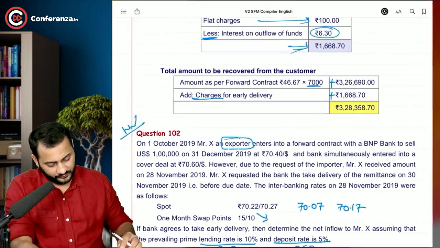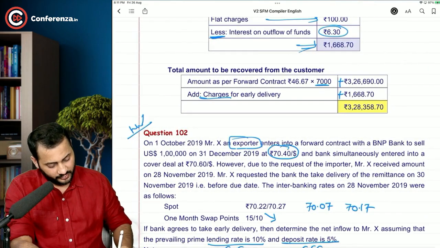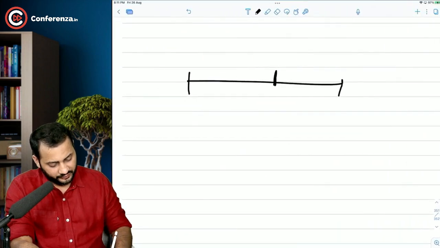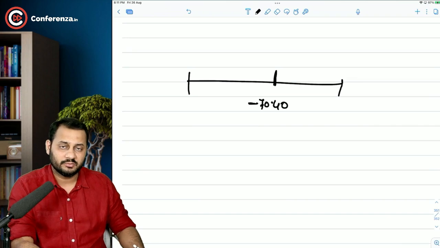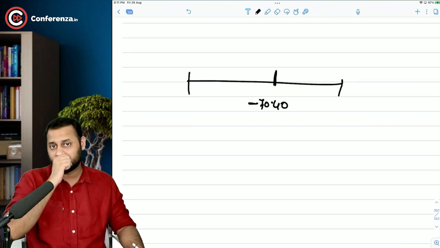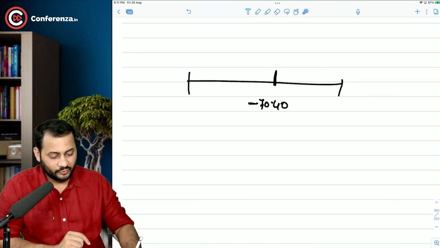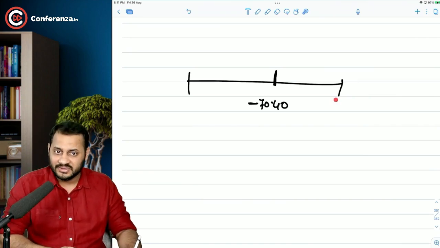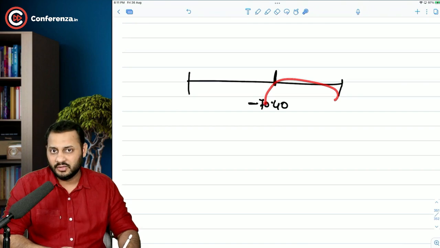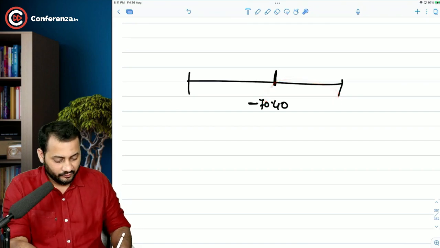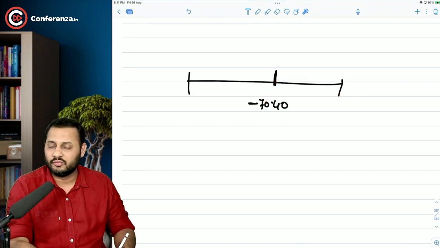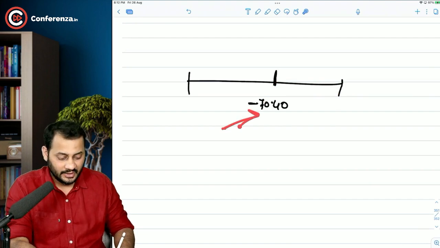So this is the rate, 70.40, which we had to pay to the customer because he sold the dollars to us. We had a forward buy contract that was supposed to be paid on this date, but early delivery had to happen, and we bought the dollars from him at this rate.